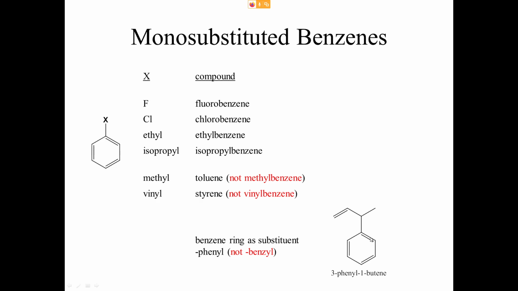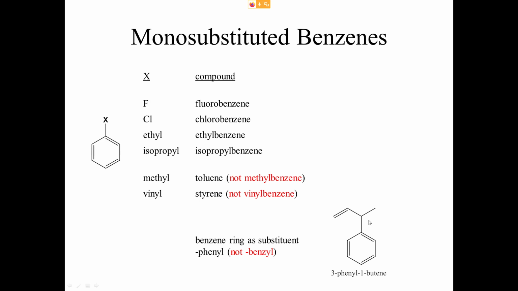Is that a methyl group off the ring here? Because I see the main chain, but then I see the ring, and it looks like a methyl group and then a benzene ring. Okay, so you're counting things twice. The main chain is 1, 2, 3, 4 carbons. There is no carbon here. This is just a bond. Remember, lines are not atoms.